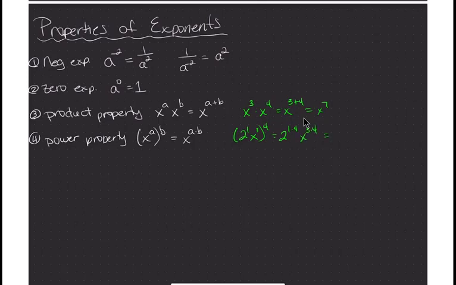So 2 to the fourth, 2 times 2 times 2 times 2 is going to get us to 16, and then x to the 12th. Right. The fifth rule, or property, is the quotient rule, or the quotient property.